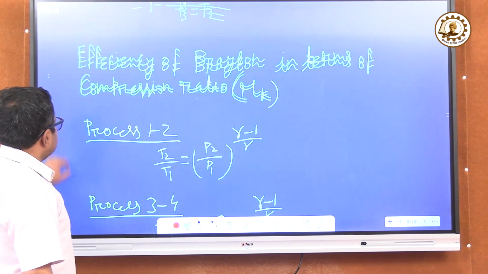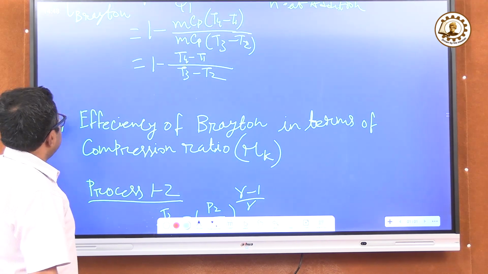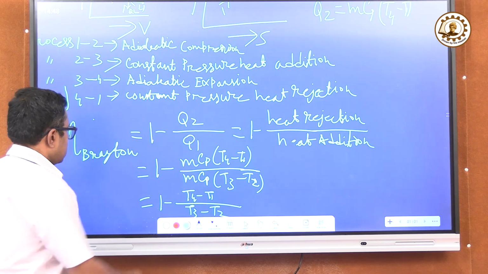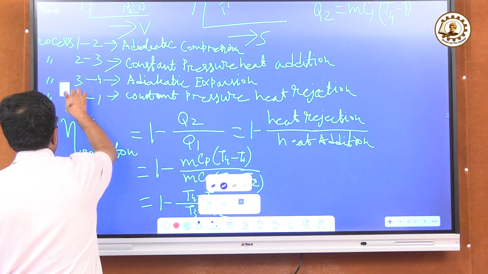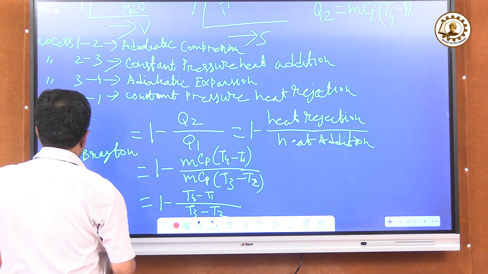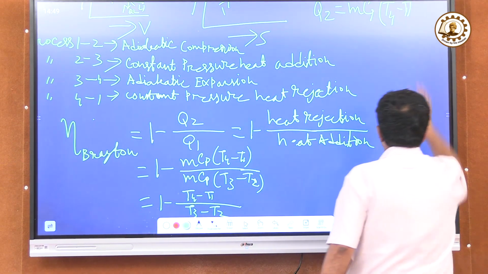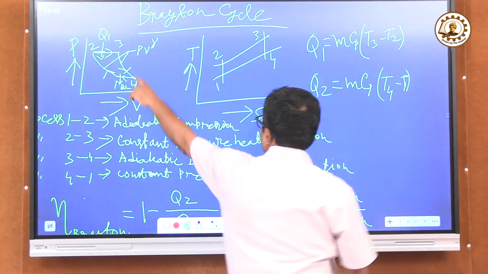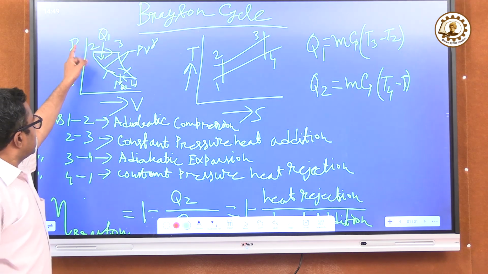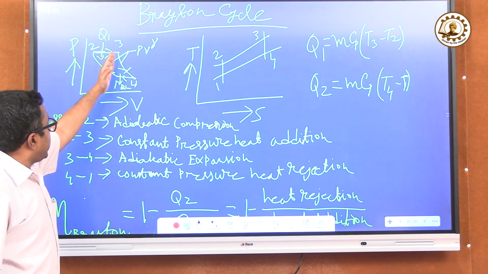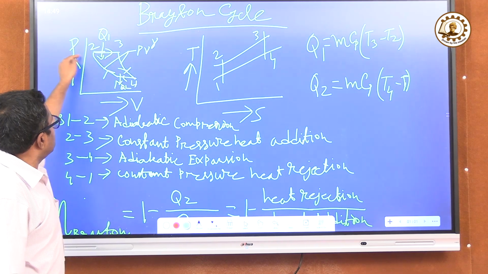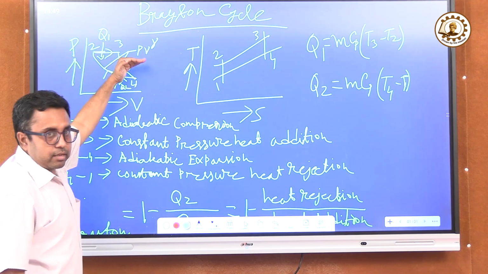Now we go to the first line. From the graph you see that pressure P3 is the same as pressure P2, because there is no change in pressure; the lines are parallel.